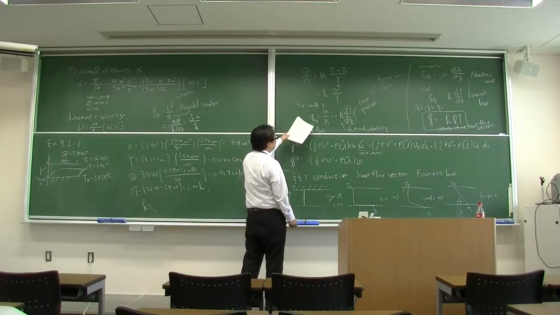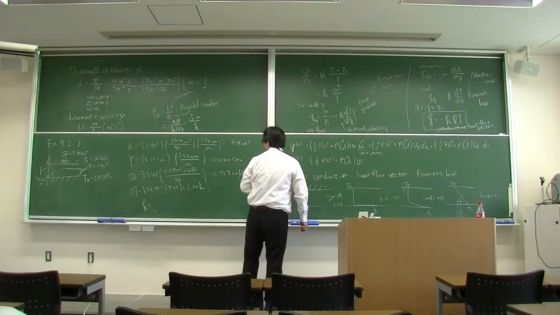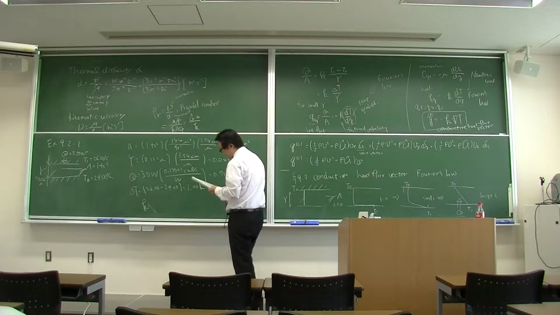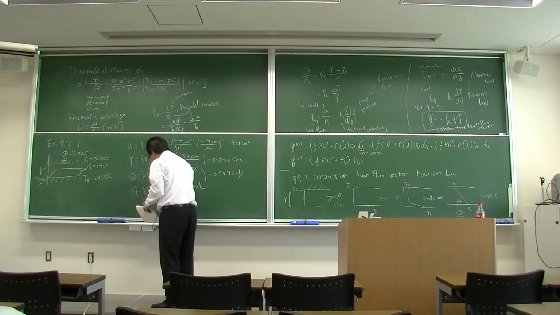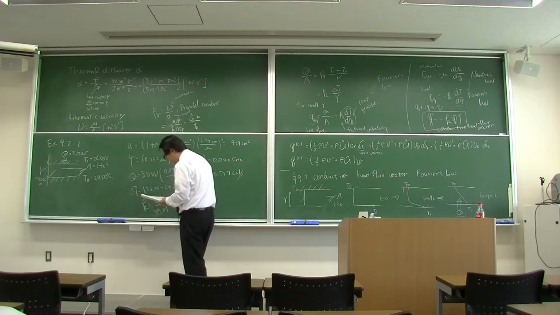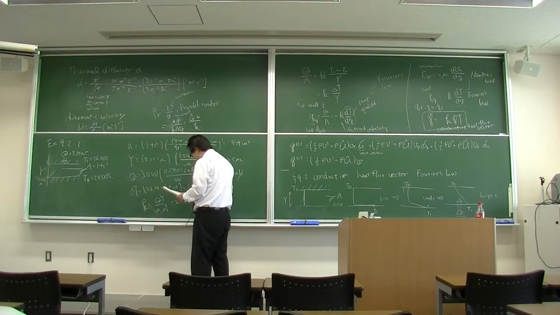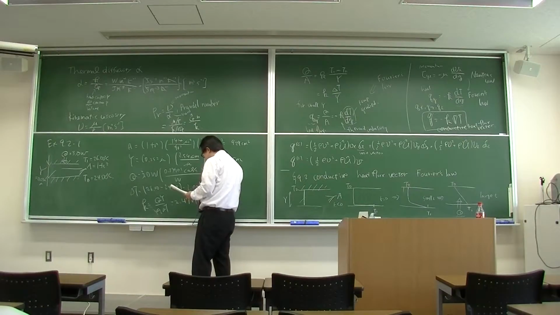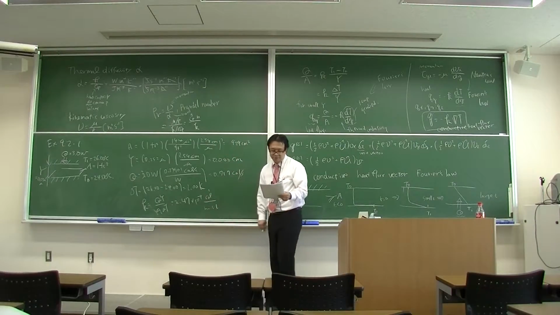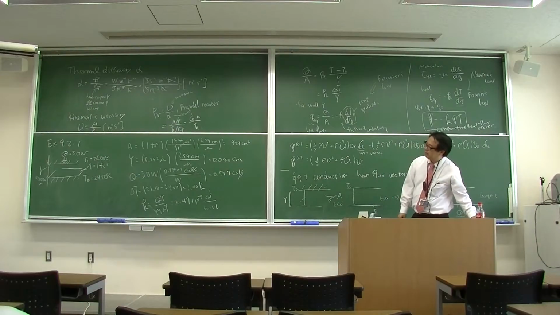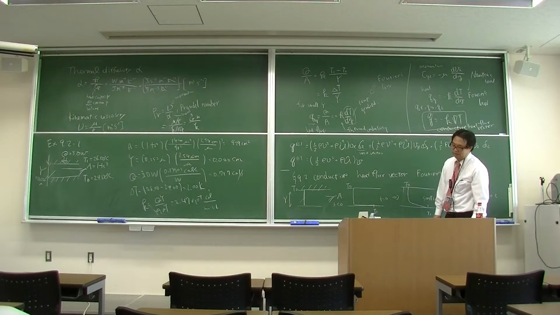I write here. So we can use this equation and we can derive Q and delta T. I don't write it, but please understand the calculation found in the textbook. This is very simple, but it's an important problem when you start the study of heat.